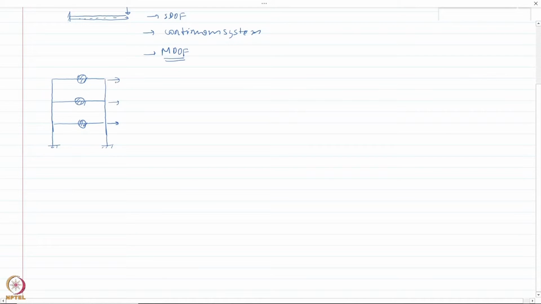So if it's a 3 story building, it would be a 3 degree of freedom system, and the deflected shape would look something like this. I don't know exactly what that deflected shape is, but I would be able to find that out exactly. However, before that, I need to set up the equation of motion.